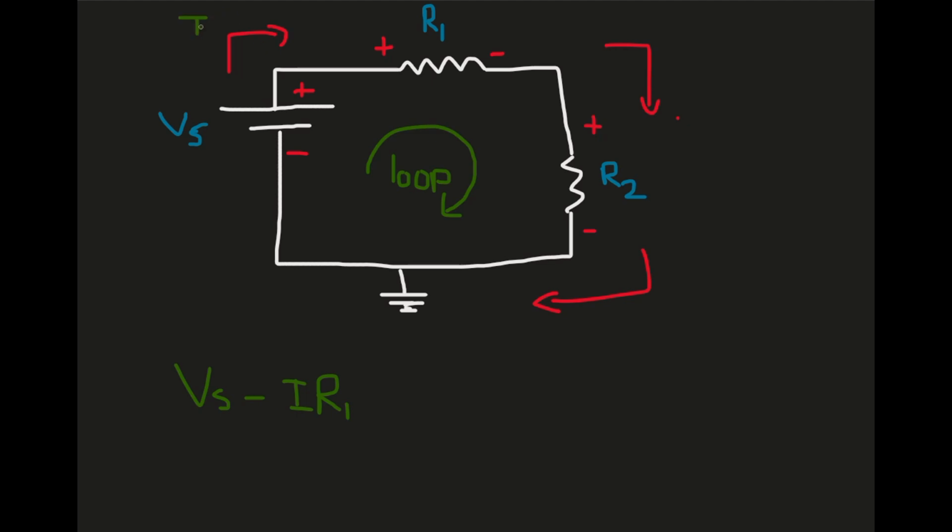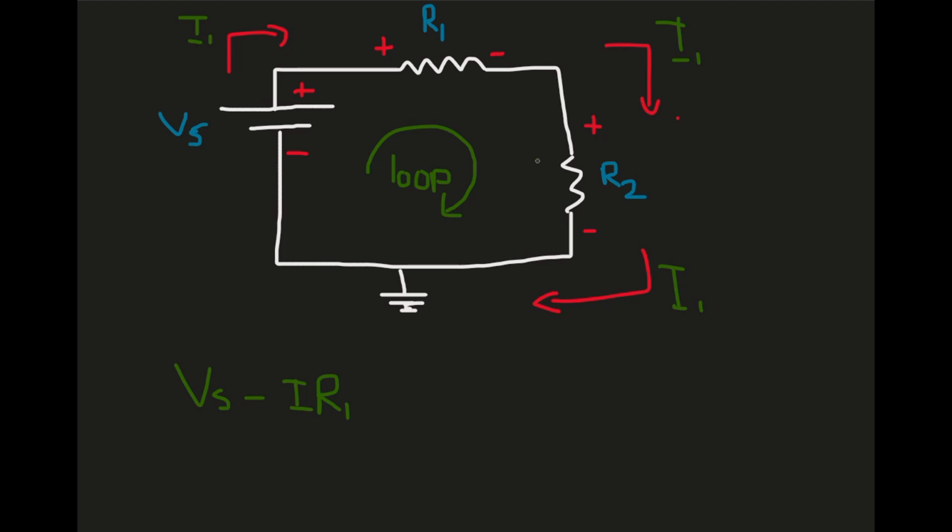We know current is I1, and it's constant throughout the entire circuit. So I1 is here, I1 is here as well. We know the formula for Ohm's law, which is V equals IR, so voltage is current times resistance, and because it goes from high to low, it's going to be minus IR.